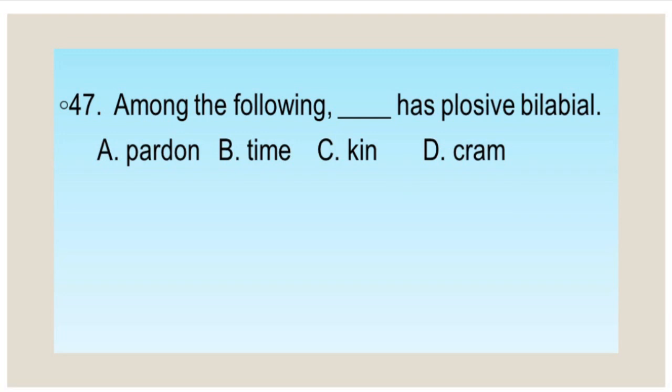Time, the letter T, belongs to linguavelar plosive. It means tongue. What do we mean by velar? It refers to the velum or the palate. The sound in kin and in crab is linguaalveolar plosive. So our tongue and our alveolar ridge activate. Our answer to number 47 is letter A.